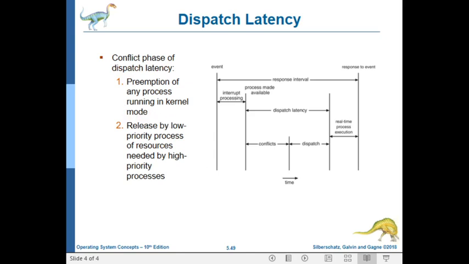The second component is the release by low-priority processes of resources needed by high-priority processes. The conflict phase is followed by the dispatch phase, which schedules the high-priority process onto an available CPU. So the time required for the scheduling dispatcher to stop one process and start another process is known as dispatch latency.